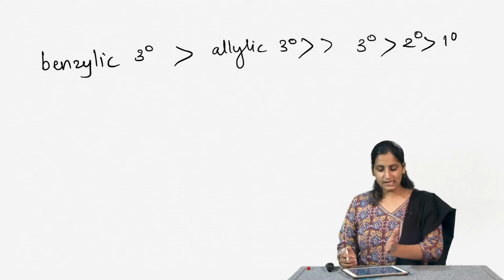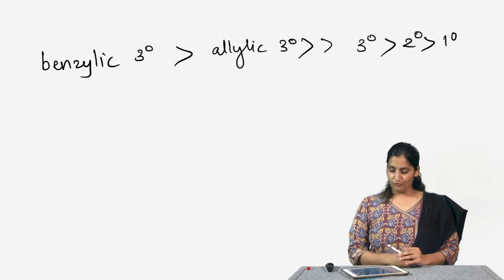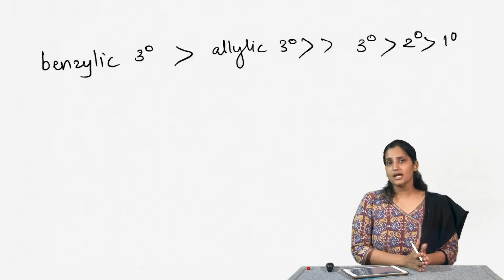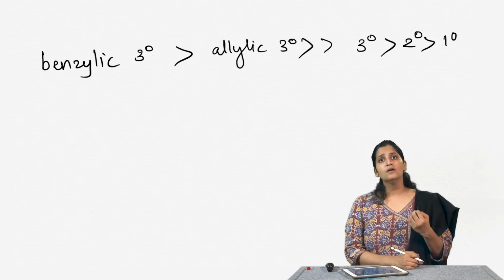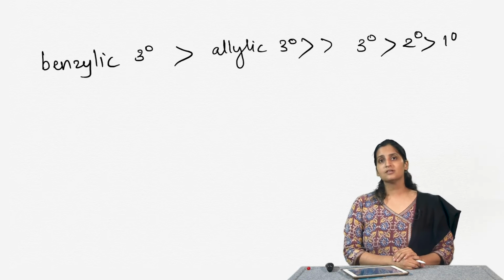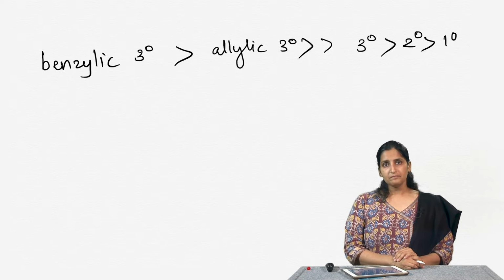Benzylic and allylic really stabilize the carbocation by a resonance effect, and tertiary carbocations are more stable than secondary carbocations due to the hyperconjugation that happens in the case of tertiary versus secondary.